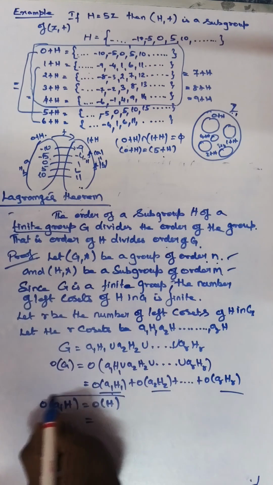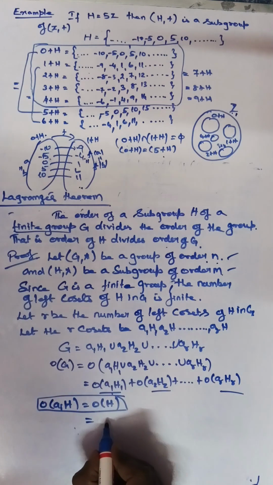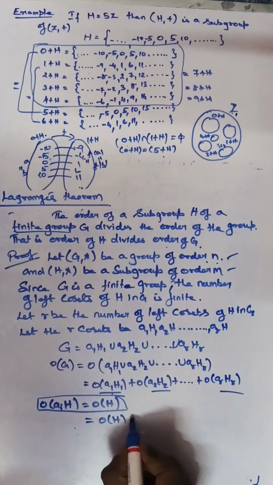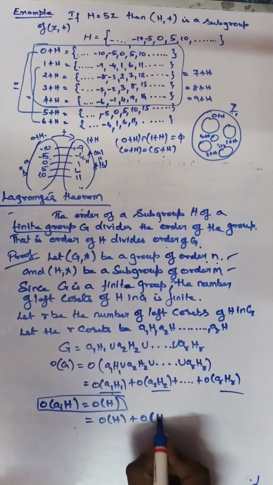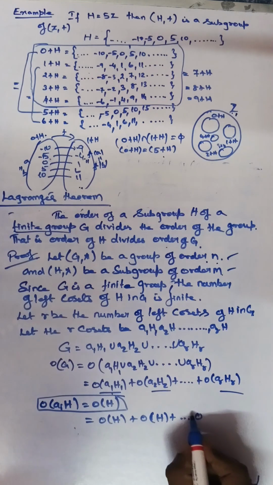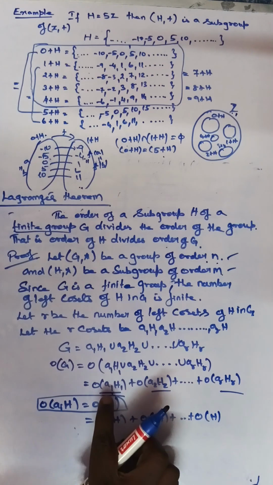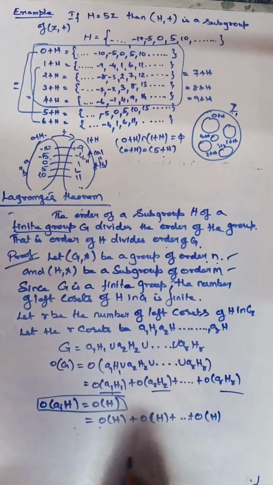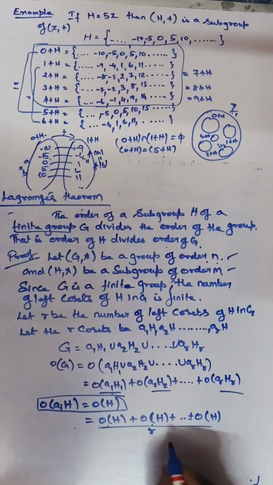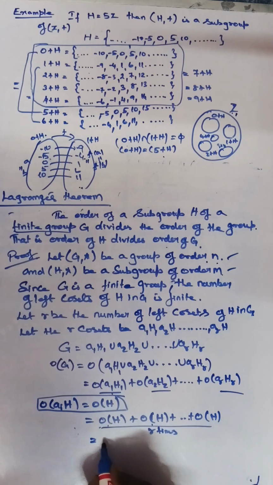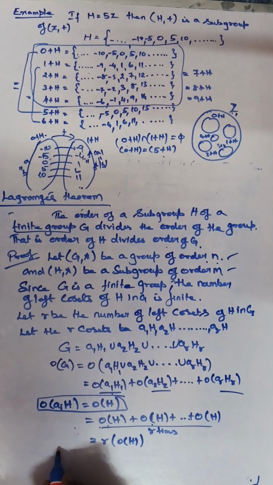So that is order of H plus order of H, up to order of H. How many left cosets are there? We are considering r left cosets, so 1, 2, 3 up to r: r times the order of H. So this is the order of G.